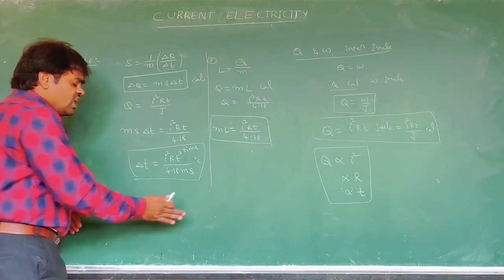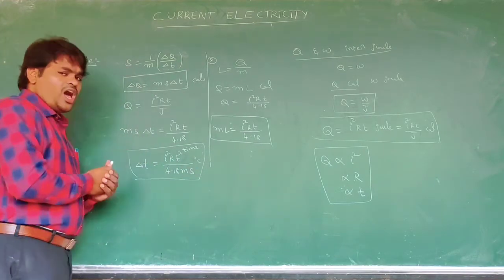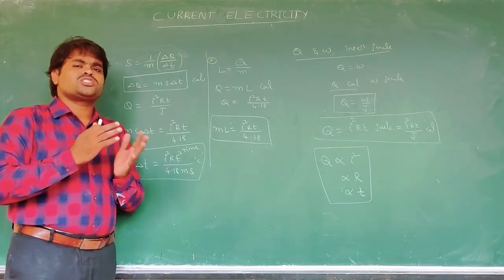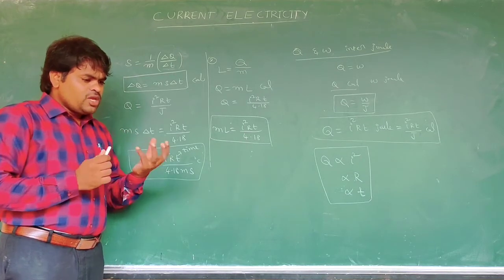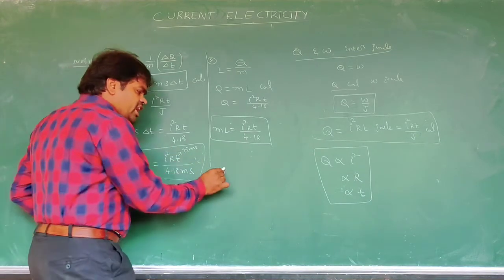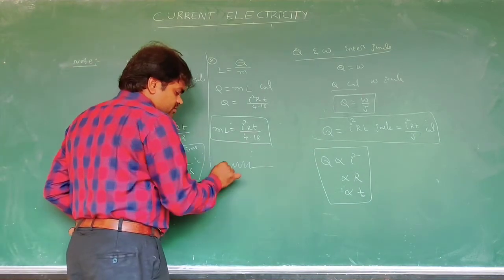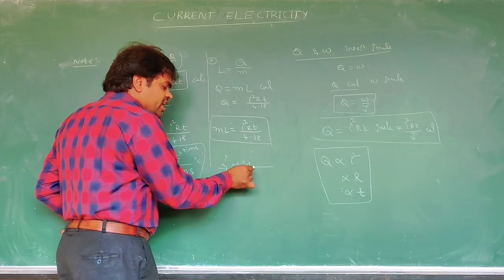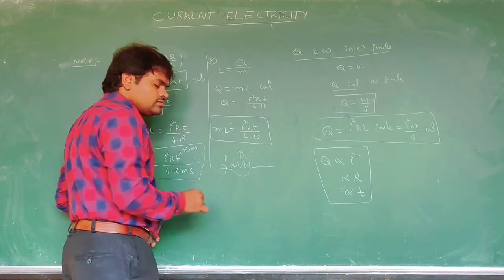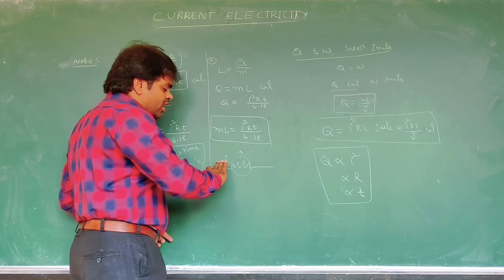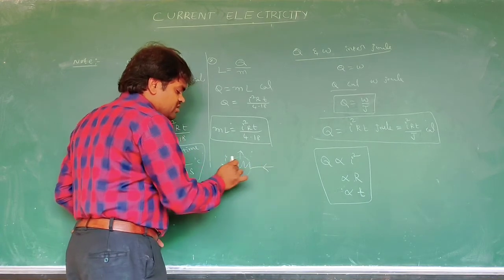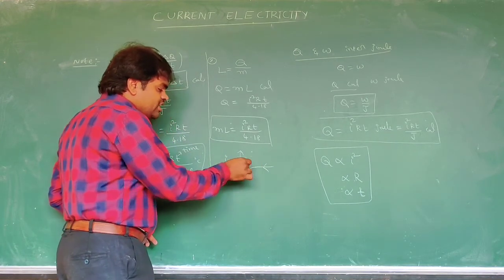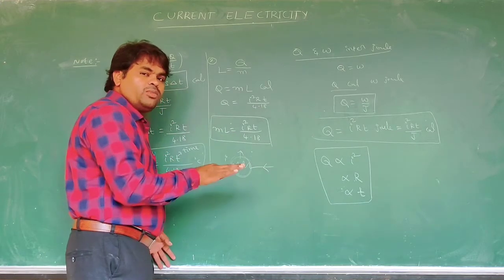Here Joule's law is an irreversible process. Why? Because when current is passing through the conductor in one direction, it gets heated, but when the current direction is changed, the conductor cannot be cooled.